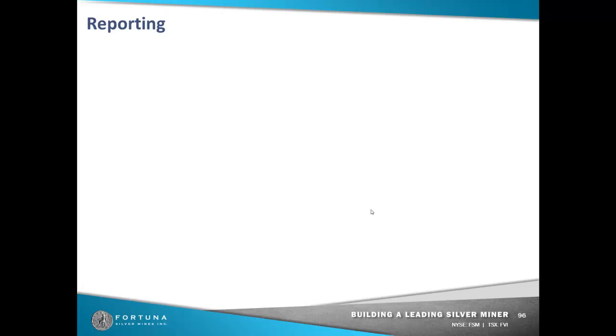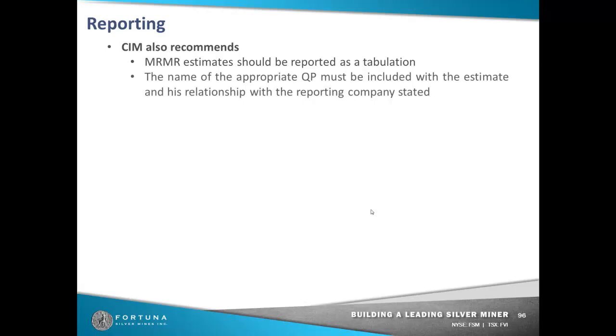And finally, in terms of reporting, there are a few other CIM recommendations for how mineral resources and mineral reserves should be reported. Firstly, they recommend that it should be reported in a tabulated format. The name of the appropriate QP must be included with the estimate and his relationship with the reporting company stated. Mineral resources, mineral reserves must be reported as estimates and not calculations.